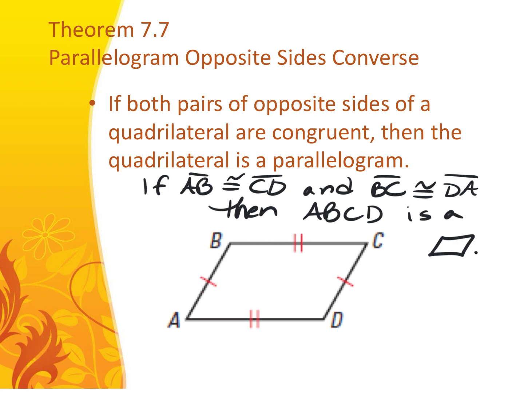So both pairs of opposite sides must be congruent to prove that the quadrilateral is a parallelogram. This is our first way of proving that a quadrilateral is a parallelogram. Again, don't memorize the number. You can just memorize the name or what it states.